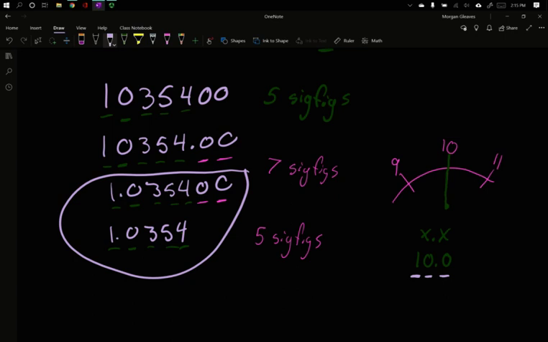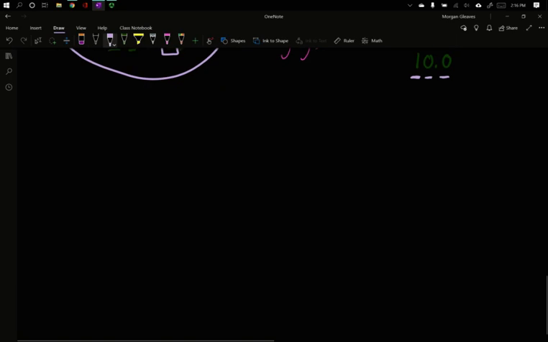Whatever device was used must have only been accurate to the 1,000th spot on that bottom one, but it was accurate to the 100,000th spot on the third one there. And so when we write a number, we leave it in the number of sig figs our devices would have allowed. This means anyone else who comes across that number can understand how many significant figures went into obtaining that number.